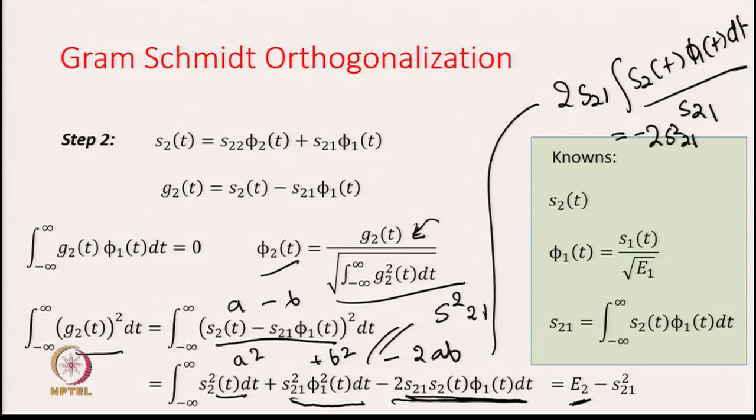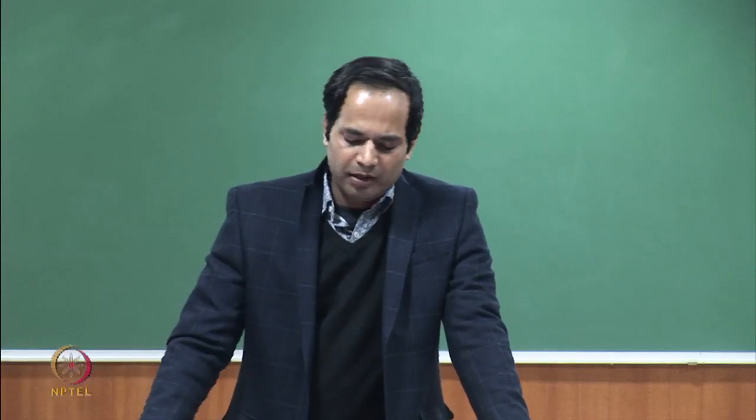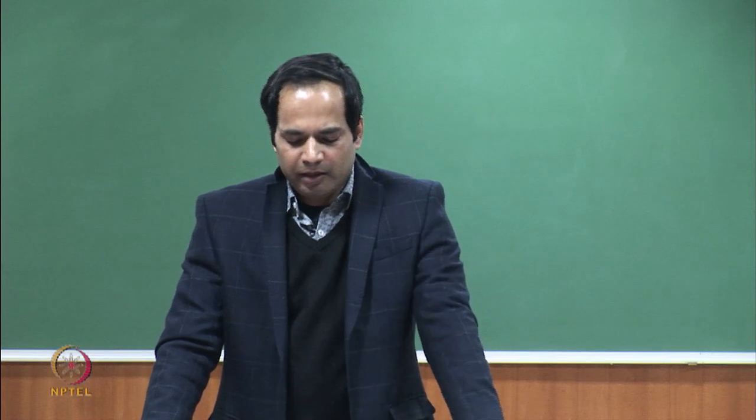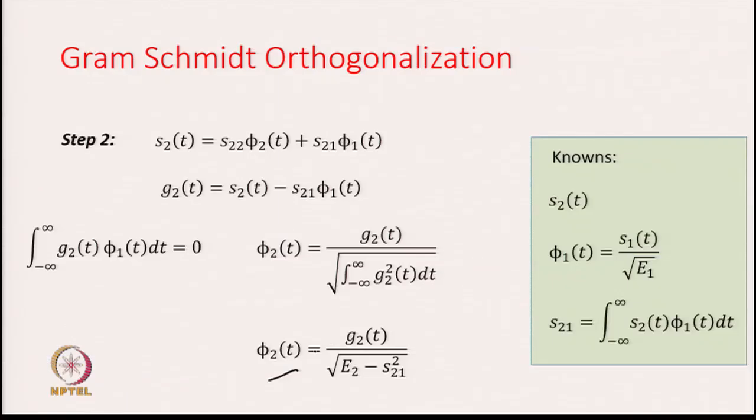So, finally, we have s squared 2 1 with plus, and we will have 2 with minus. So, finally, we will have 1 remaining with a minus. So, this is the energy of g 2 t. So, finally, we can say that phi 2 t is nothing but g 2 t divided by the square root of E 2 minus s squared 2 1.